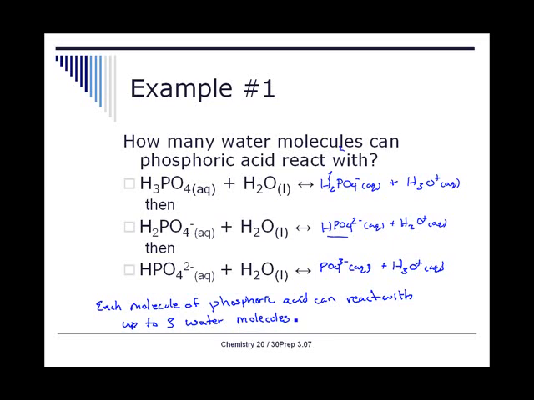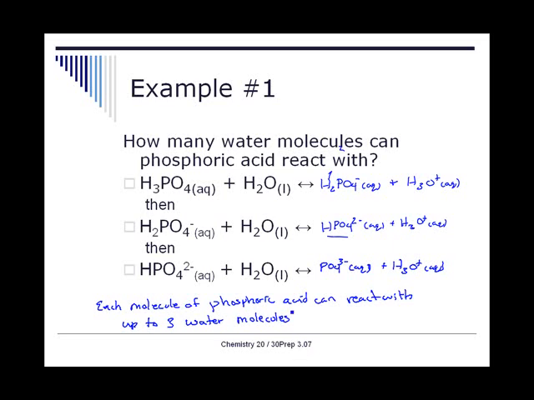And not everyone will. Notice that for each of these reactions we have a two-headed arrow, which means none of them are 100%. None of them have all of the acid reacting with water molecules. Each one only has a few. And each reaction gets progressively less and less likely to happen.